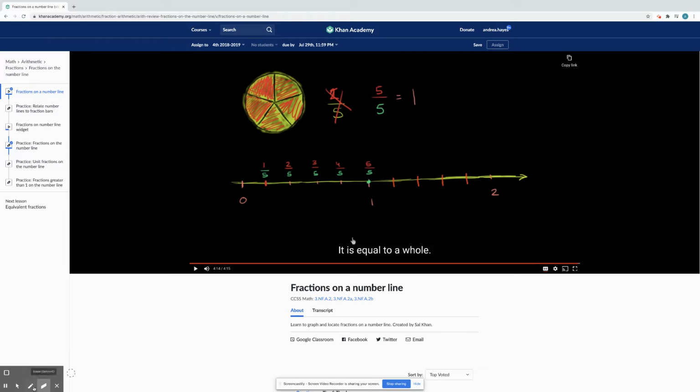So what I do is I say there's 1, 2, 3, 4, 5 spaces in between 1 and 2. If this is 5/5, the next one is called 6/5. The next one is, I'm going to have to go a little higher, 7/5.